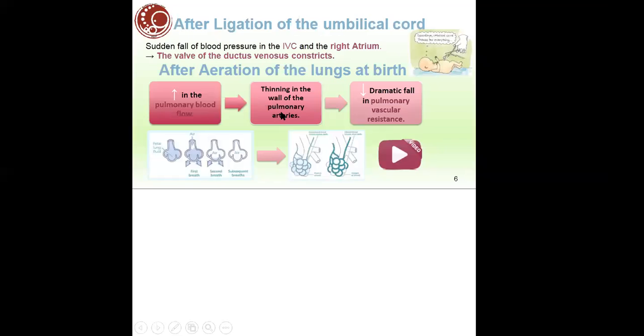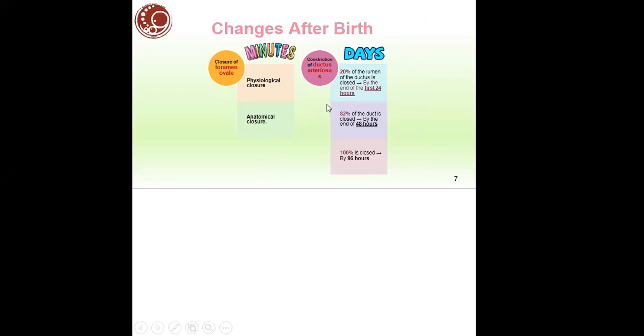Now, here, changes after birth. What are the changes occurring in the foramen ovale? As soon as the baby is born, pressure on the left side increases, while now the pulmonary vein, which was carrying only 10% of the blood, will now bring about 50%, or the pressure will increase to 50 millimeters of mercury, and thus the pressure on the left side after birth increases.